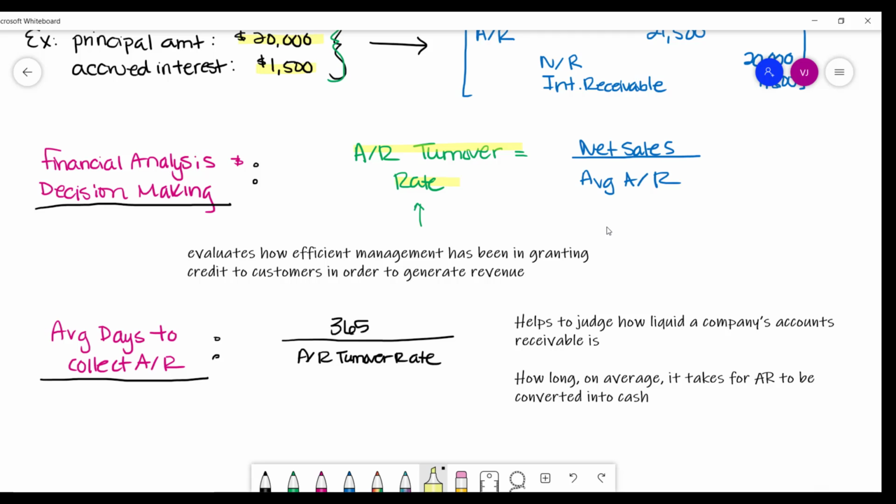And the amount of days it takes to collect on an accounts receivable tells us how liquid the company's accounts receivable is, how quickly it is able to go from accounts receivable into cash, how easily it is converted. Okay, so this is also a judge of a company's liquidity at the end of the day.